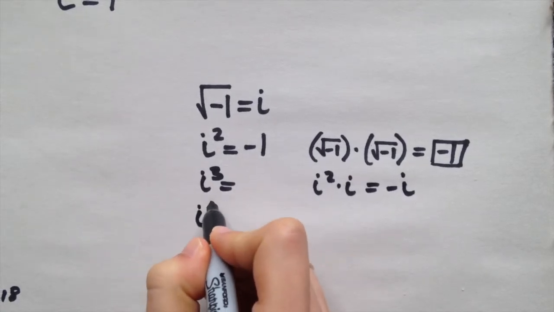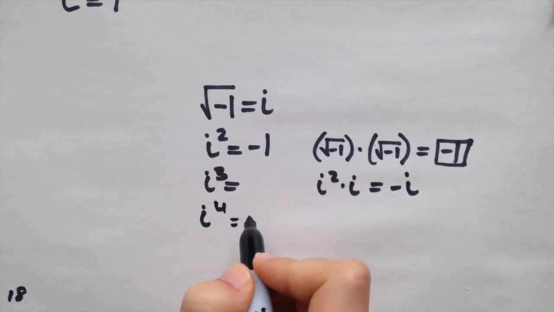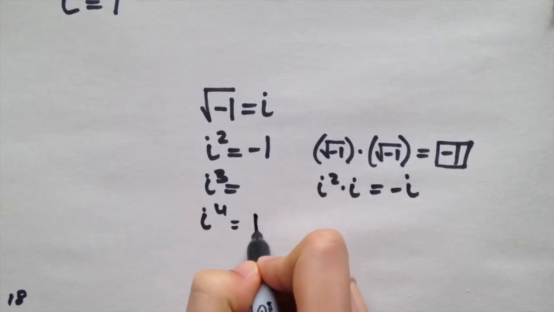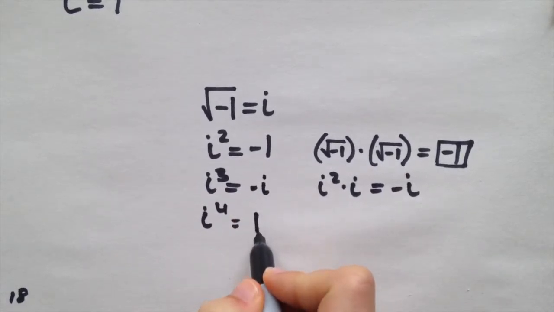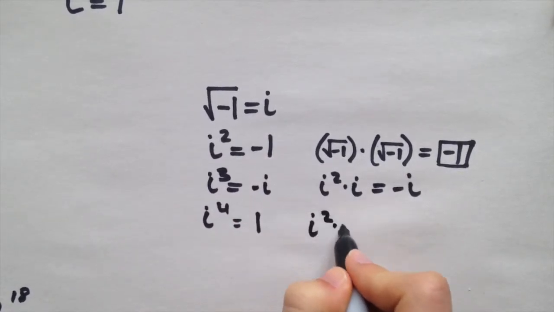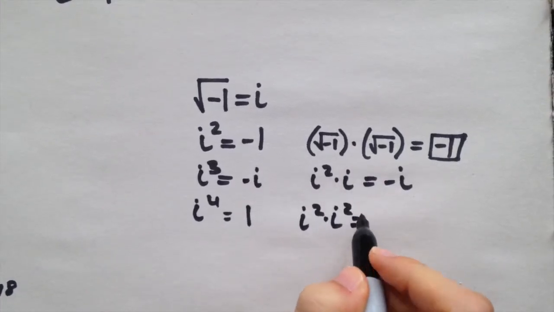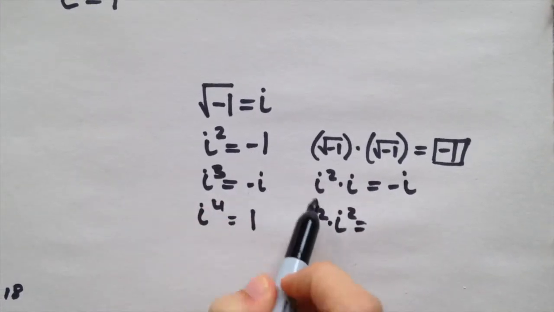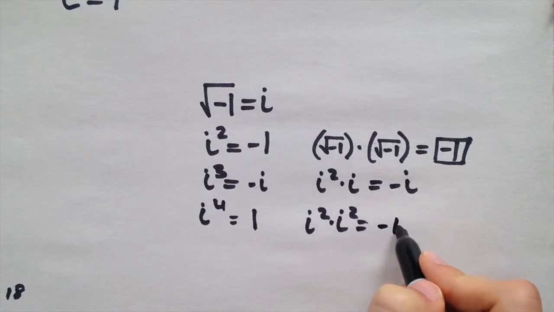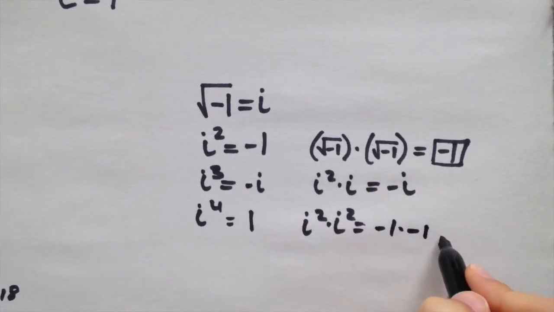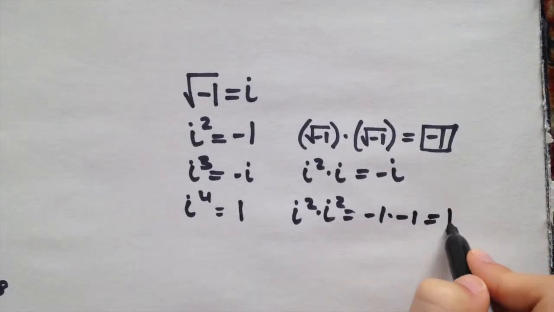i to the power of 4 equals 1, because i squared times i squared is -1 times -1, right? And -1 times -1 equals 1.